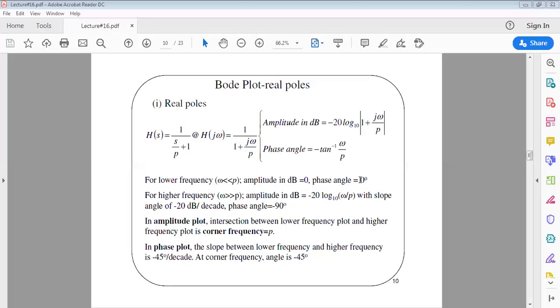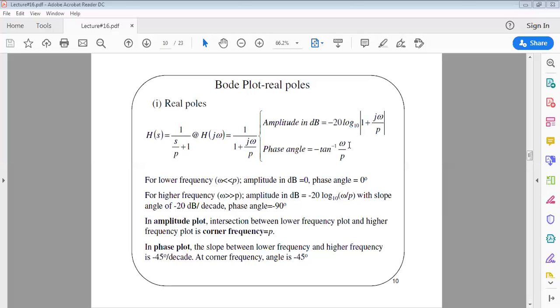That's why for the first condition, the lower frequency case, the amplitude will be 0 and the phase angle will be 0. For the higher frequency, where omega is much bigger than p, for the amplitude plot we can ignore the value of 1, because omega is much bigger than p, so we only consider the term j omega divided by p. So the amplitude will be negative 20 log omega divided by p.